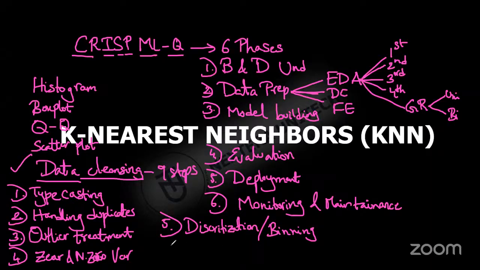Next to discretization, we understood feature encoding or dummy columns. What is this feature encoding or dummy column creation? It is when we have non-numeric columns and you want to convert these non-numeric columns to numeric columns, we perform dummy variables creation or feature encoding step.